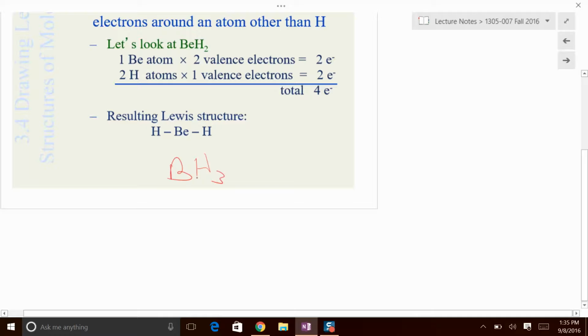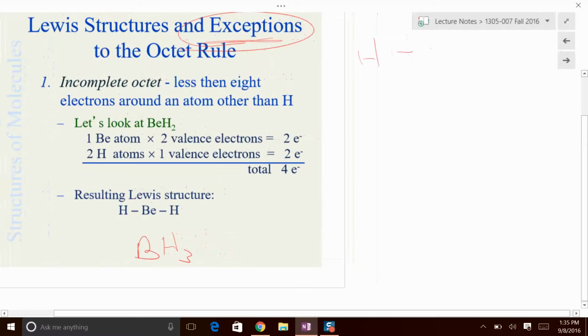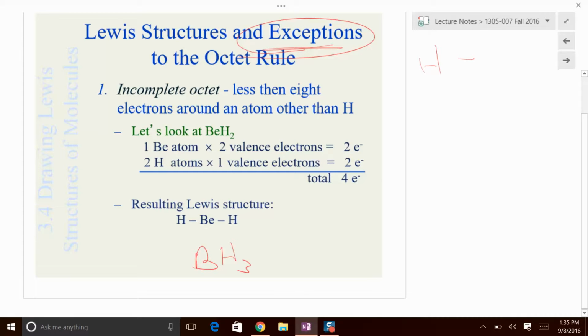Okay, and this is the one I more commonly use, so I expect you guys to know it. Boron. If I want to draw the structure of BH3, I would say boron has 3 valence electrons. H3, that's 3 more. So that's 6 electrons total. You can't even form an octet from 6 electrons, right?